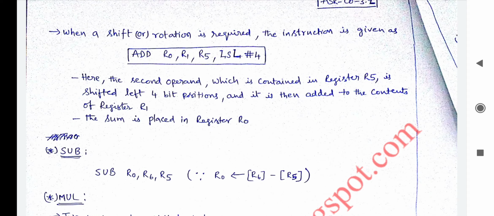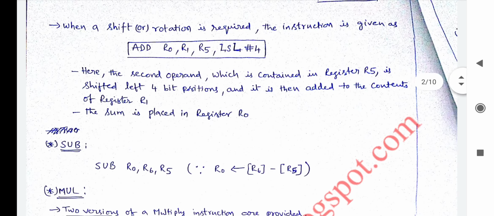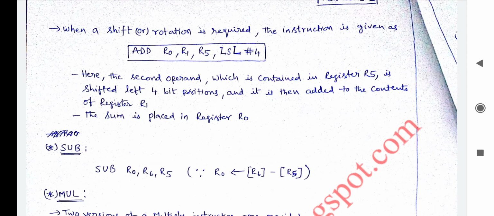So here we have three registers R0, R1, R5, and we have to shift left the content placed in the register R5 by 4-bit positions.